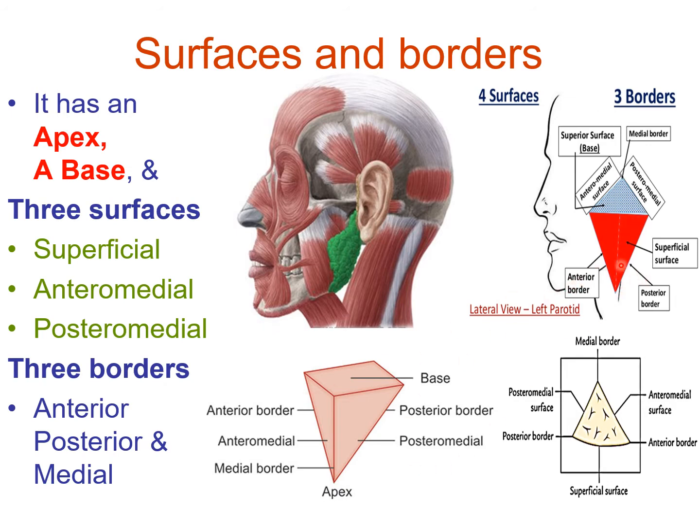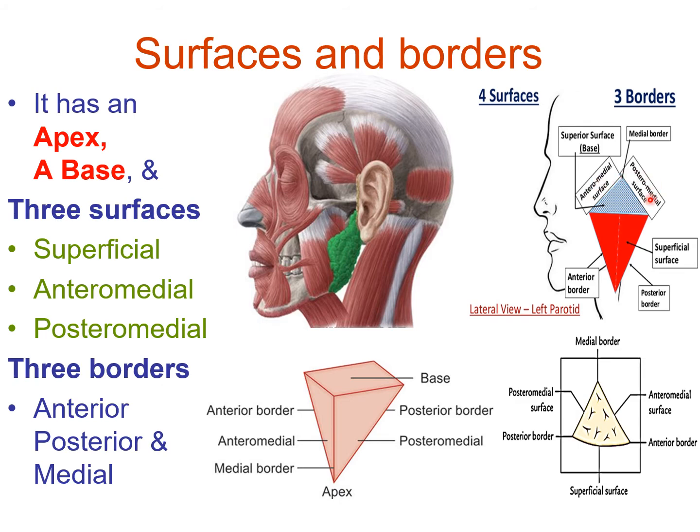This is the superficial surface. This is the anterior border. The anterior border separates the superficial surface from the anteromedial surface. There is a posterior border which separates the superficial surface from the posteromedial surface. And there is a medial border which separates the anteromedial surface from the posteromedial surface.